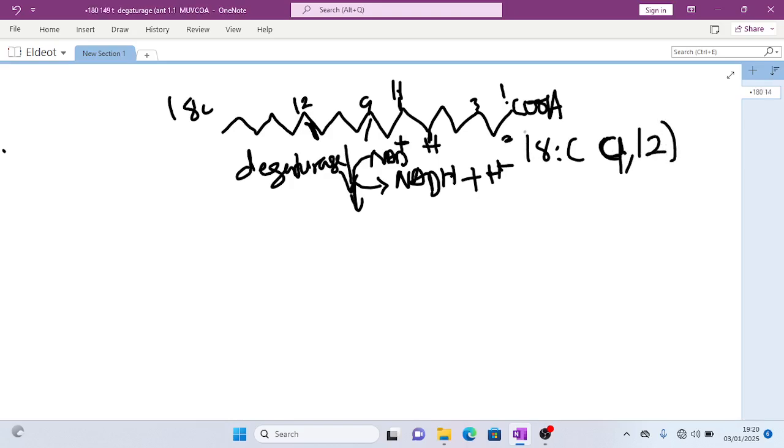But now due to desaturation, due to removal of two protons from carbon 6 and carbon 7, now we have a new 18 carbon fatty acid that has 3 unsaturations.